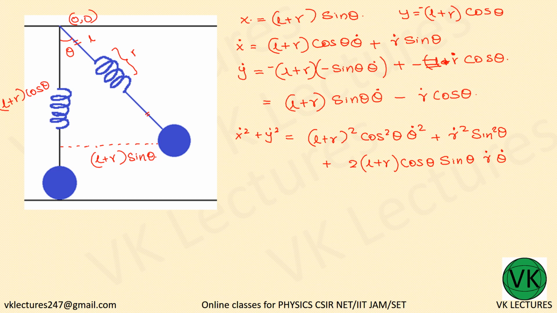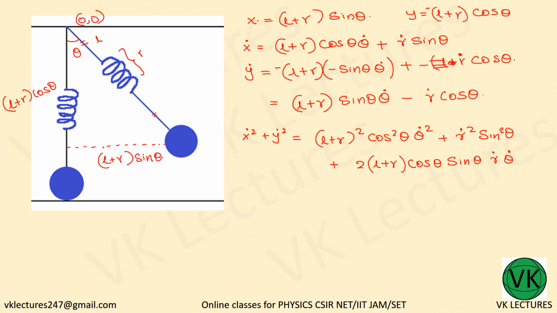Again, adding y dot squared here, plus (L plus R) whole squared sin squared theta theta dot squared plus R dot squared cos squared theta.